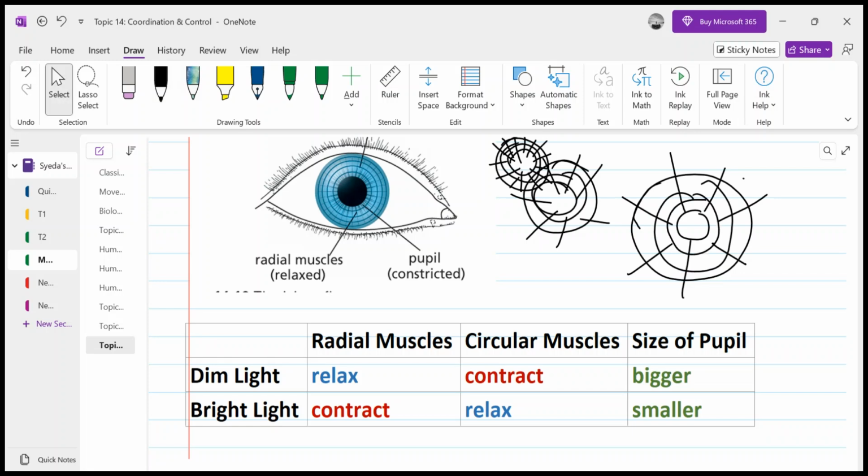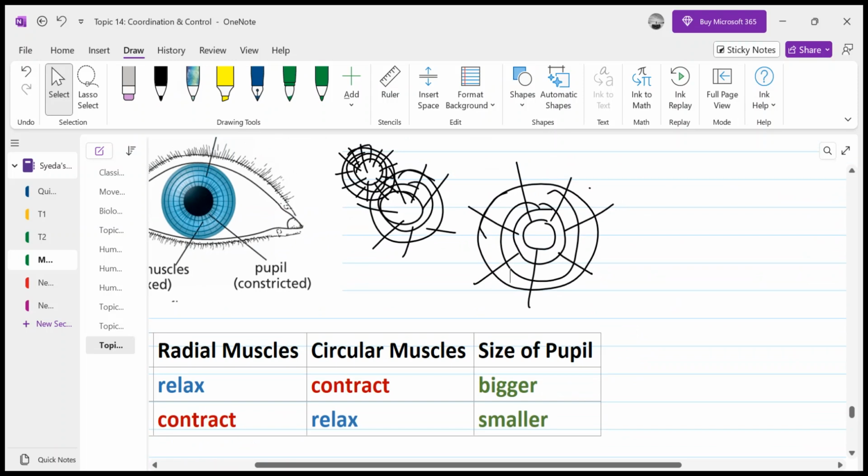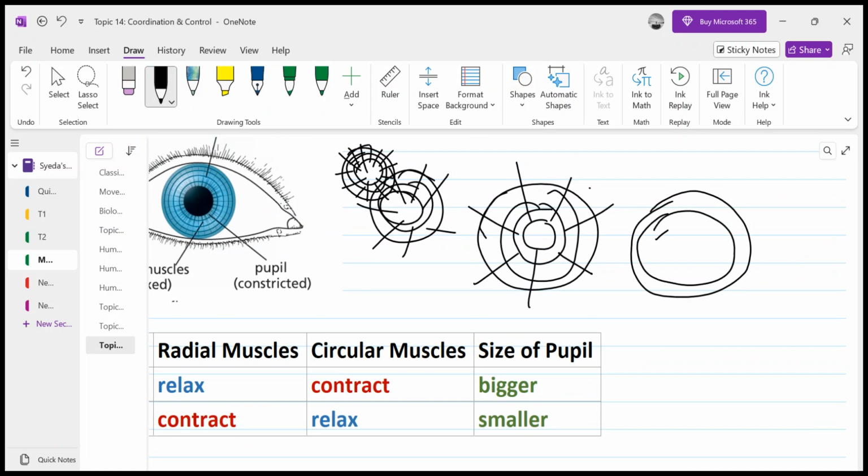But when there is a bright light, what happens? The circular muscles are relaxing, right, and the radial muscles are contracting. Now due to the contraction, this whole size is increasing. Now this is the pupil, right?